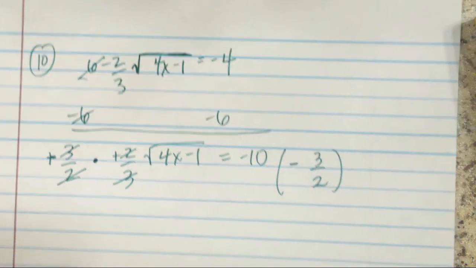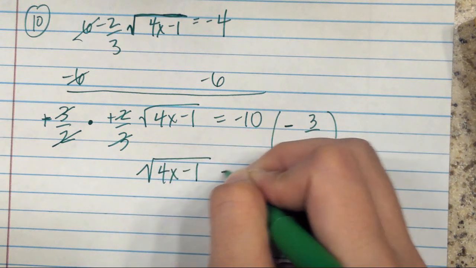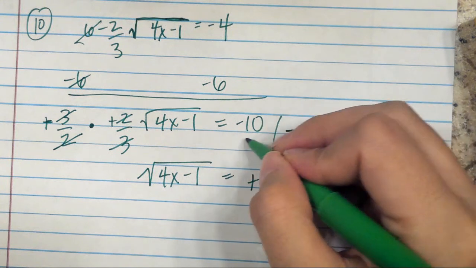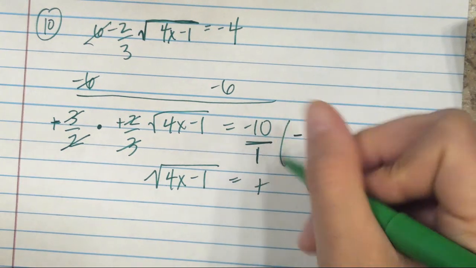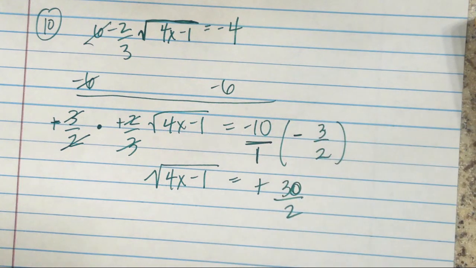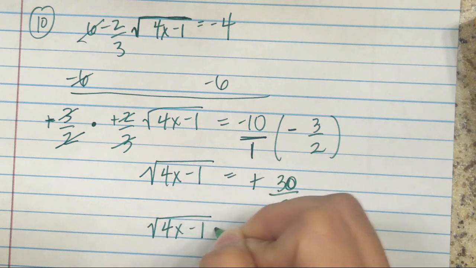So all you're left with on the left side is the square root of 4x minus 1. And then negative times a negative is a positive. I'm going to put this over 1. Remember, when you're multiplying fractions, you multiply the top with the top and the bottom with the bottom. So 10 times 3 is 30, and then 30 divided by 2, half of 30, is 15.